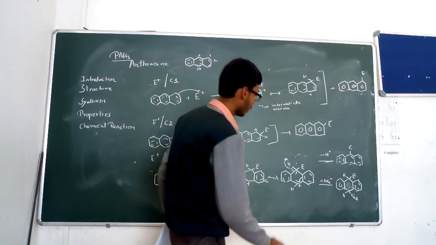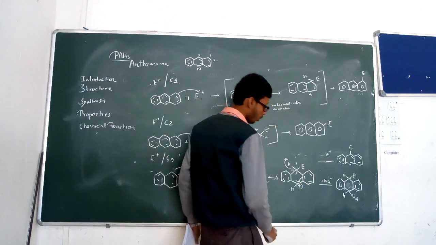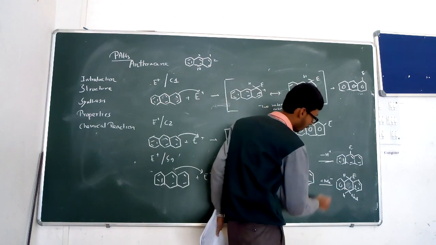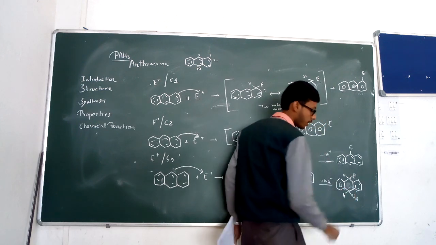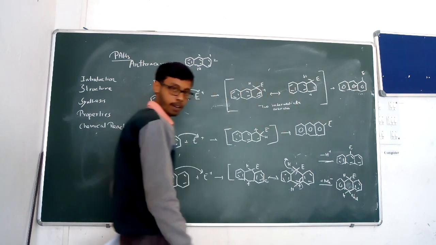But the carbocation is also susceptible to nucleophile attack, and in that case the product is formed where the nucleophile may attack at the 10 position.